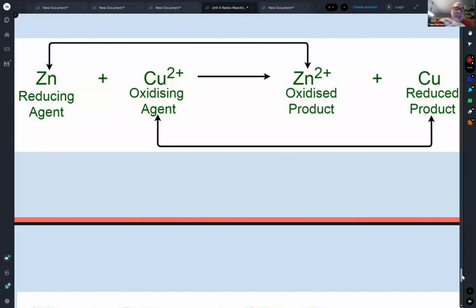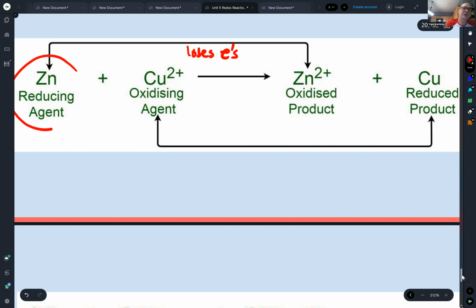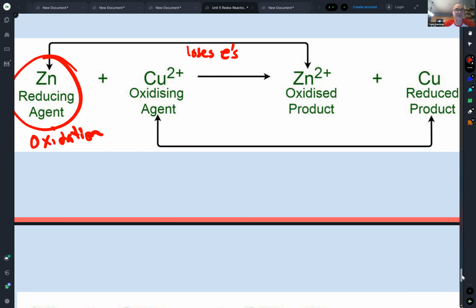All right. So now that we can establish who is oxidized and who is reduced, here's what we get to do. The element that goes through oxidation, the one that loses electrons, is called the reducing agent. So reducing agents go through oxidation. They are the elements that lose electrons.